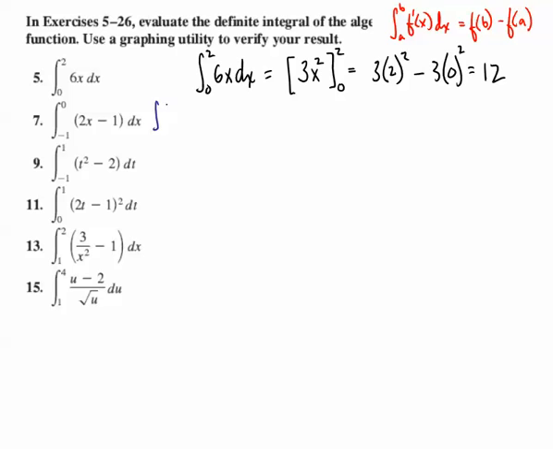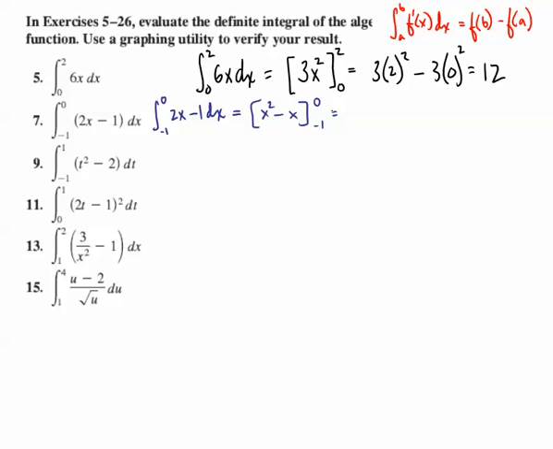So we start off with the integral from -1 to 0 of 2x minus 1 dx. So the antiderivative of 2x is going to be 2x squared over 2, which is simply x squared. And I'm going to put that in brackets. And the antiderivative of 1 is simply x. And we want that from -1 to 0.